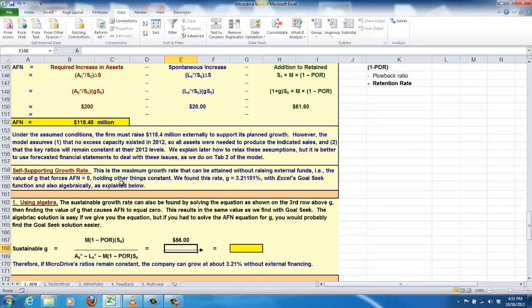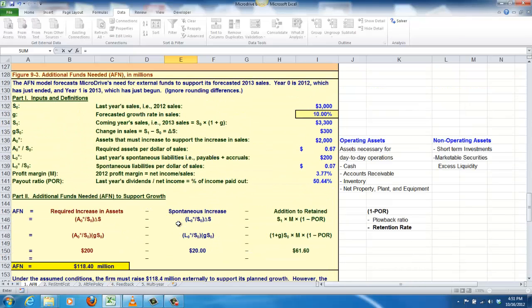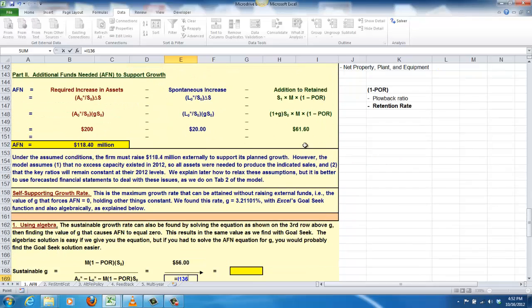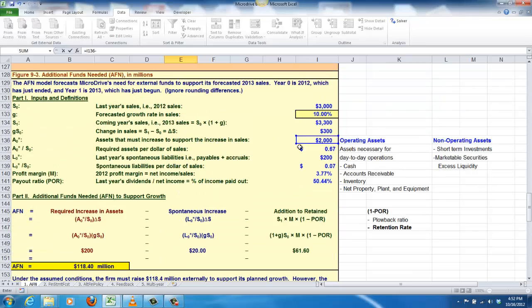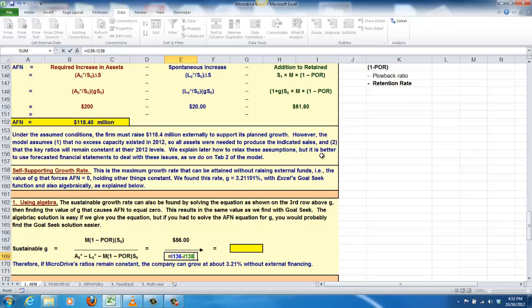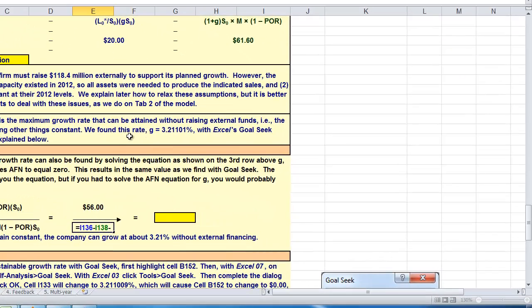That's our numerator. Our denominator then is the funds that we need, the assets that we need for generating sales, $2,000, minus the amount of liabilities we have, our spontaneous liabilities actually, then minus our numerator up here.